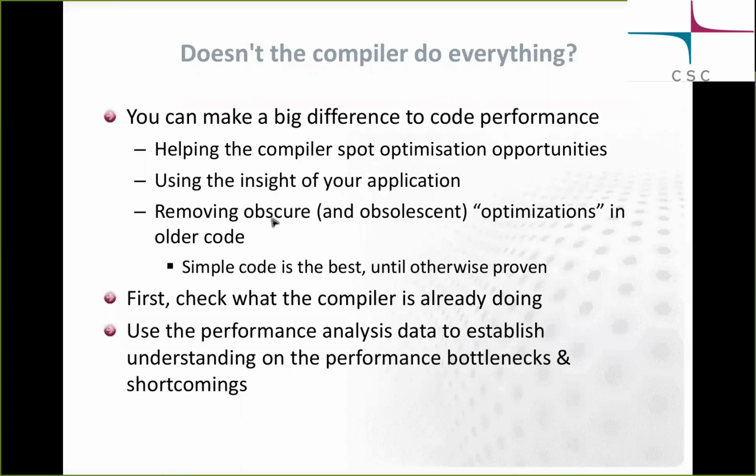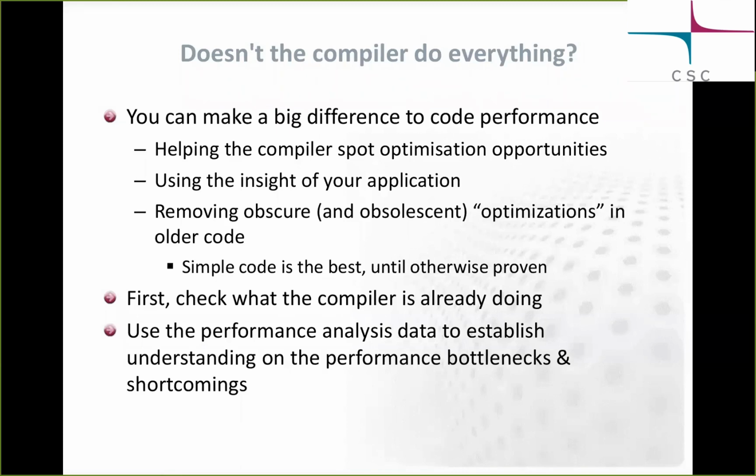A typical thing to do is removing old-fashioned obscure optimizations from legacy code. The take-home message is that simple code is the best, also for the compiler and performance, until otherwise proven. If you understand what you try to express in a loop, the compiler will understand it as well and is likely able to do heavy optimization on it.